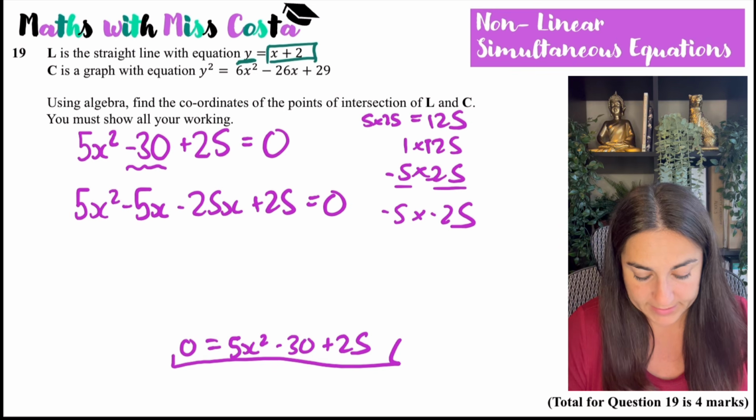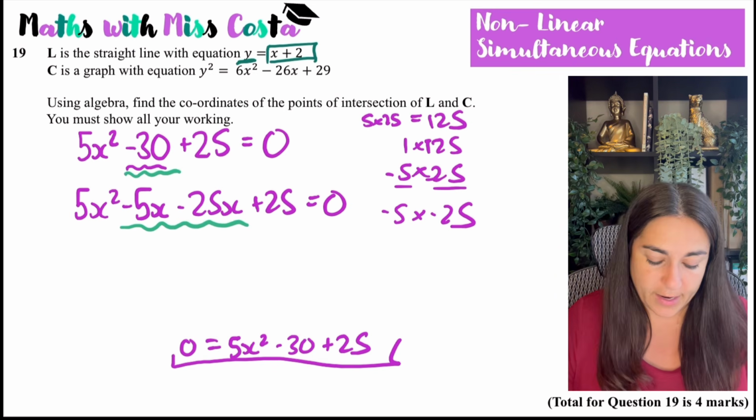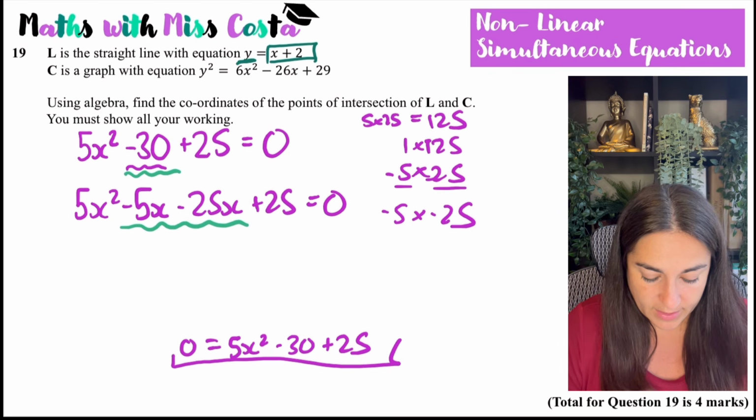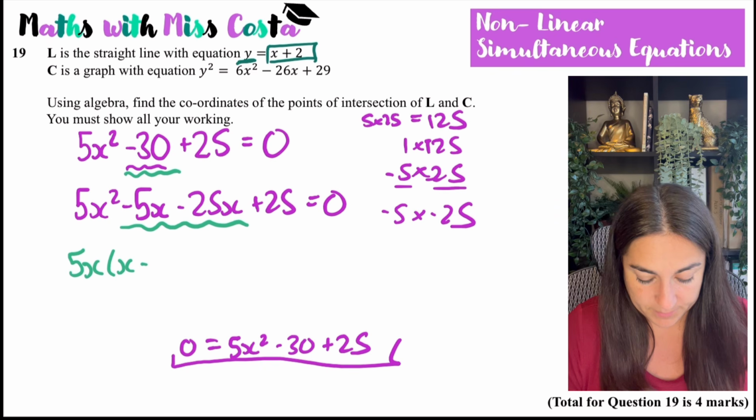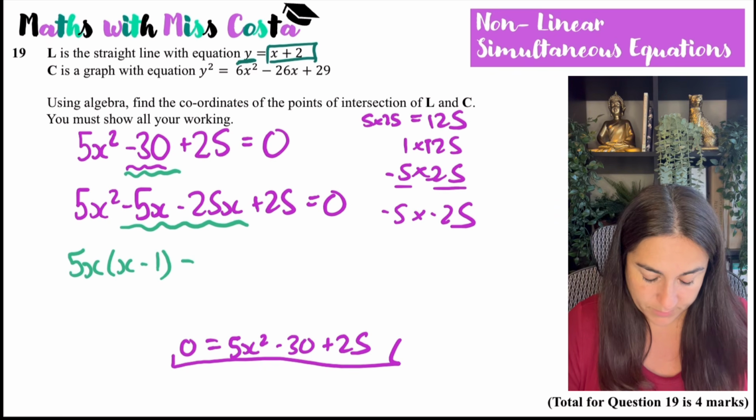So all I've done is split this into two parts, and then I factorize. So 5x would be x minus 1, and then minus 25, well, the common factor would be 25.